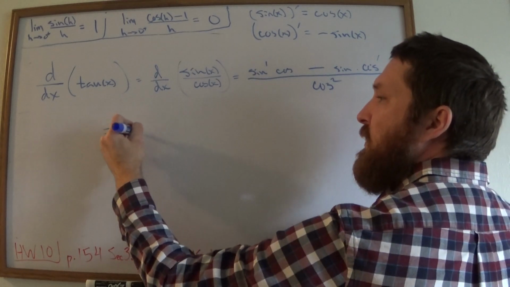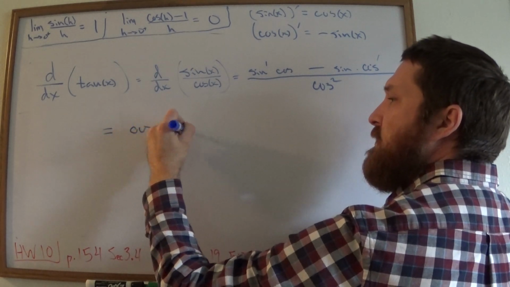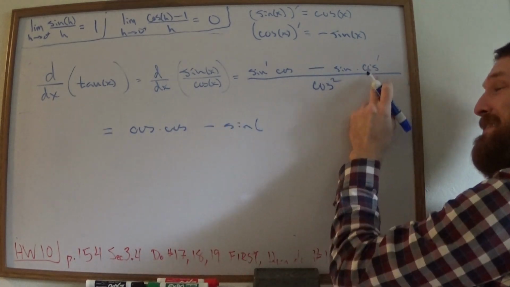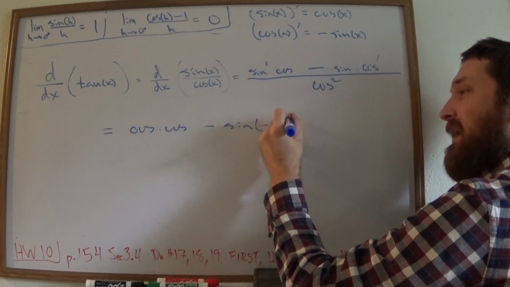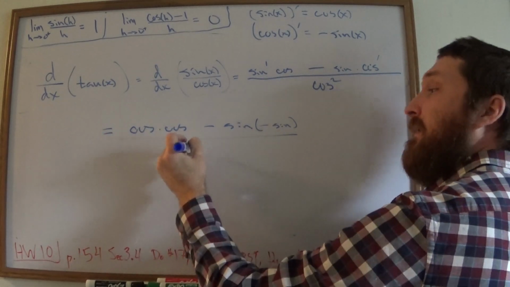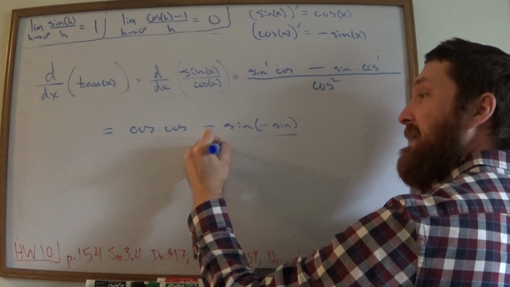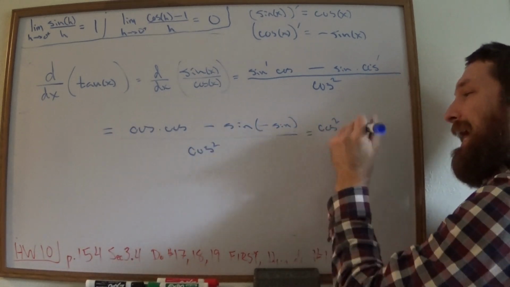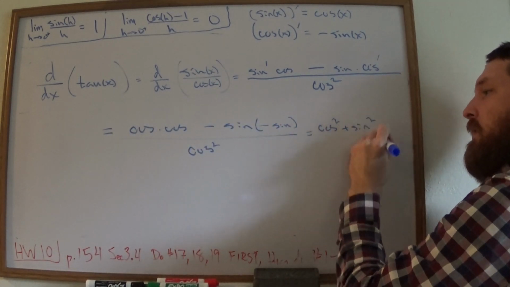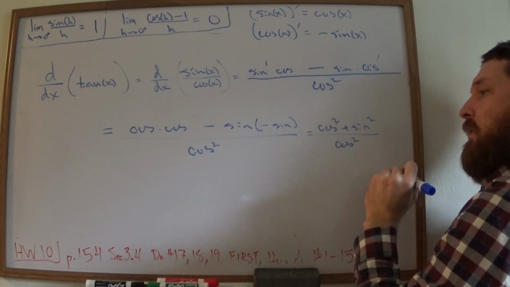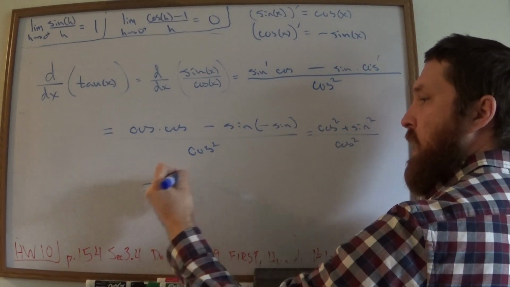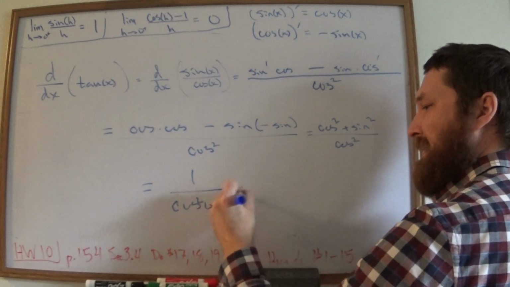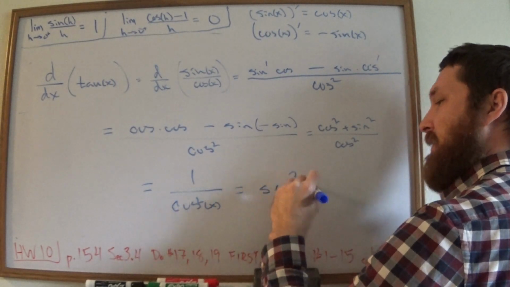Cosine x. So we have cosine times cosine minus sine times, cosine goes to negative sine, plus, oh, so it's 1. That's 1 on the top, so that's cosine squared plus sine squared over cosine squared, which is 1 over cosine squared, which is secant squared x.